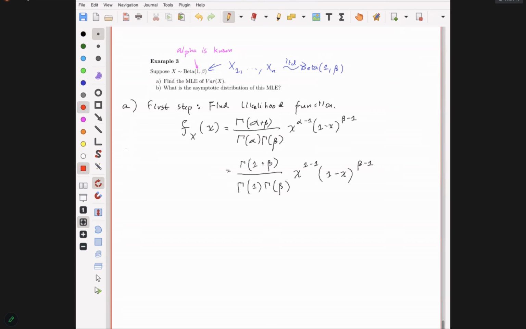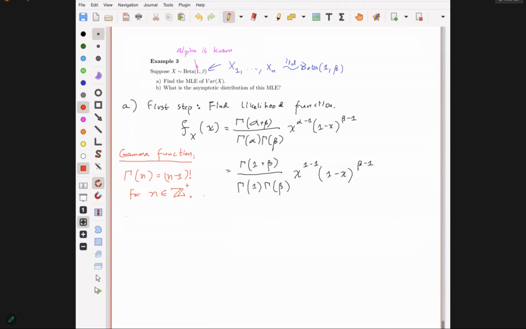So we have a property of the gamma function. We have 2 properties that are important here. One is that gamma of n is equal to n minus 1 factorial for positive integer values of n.